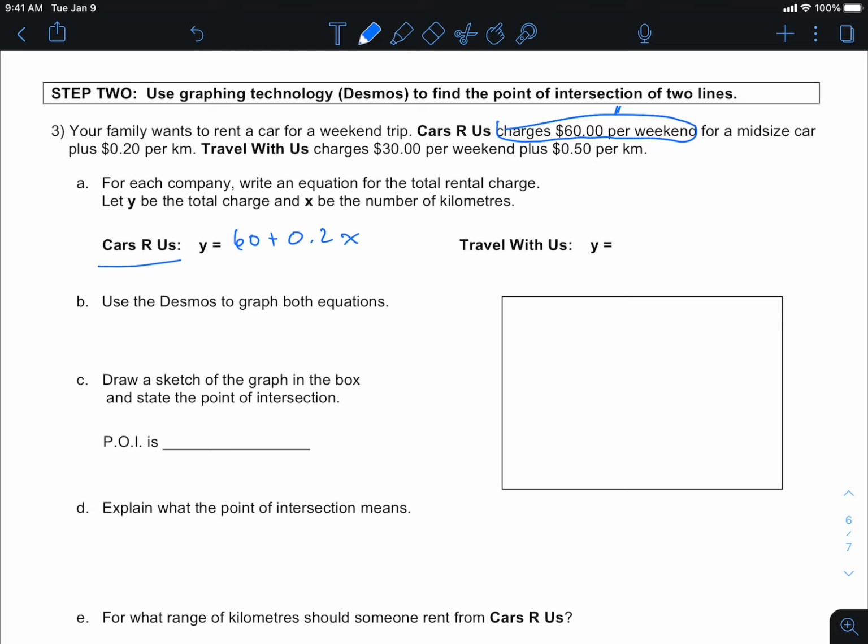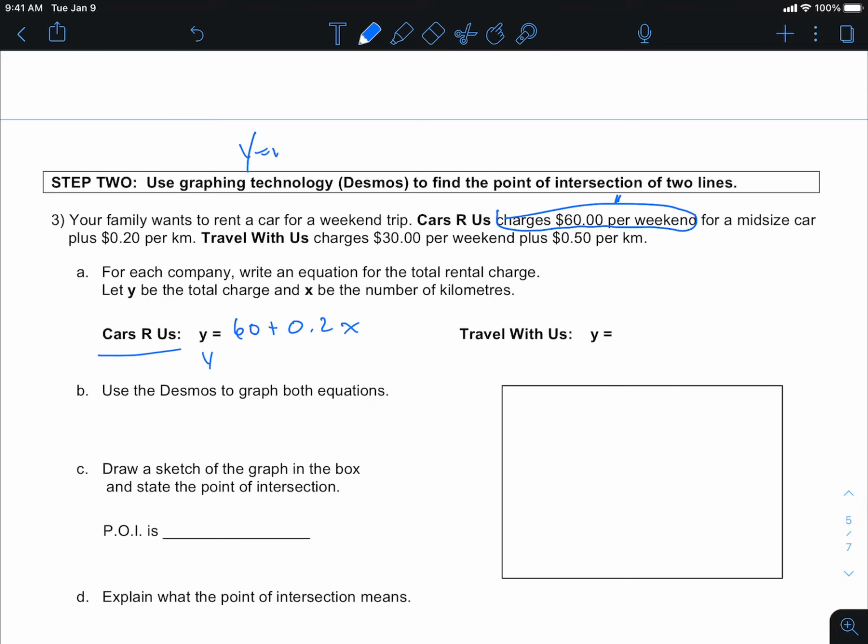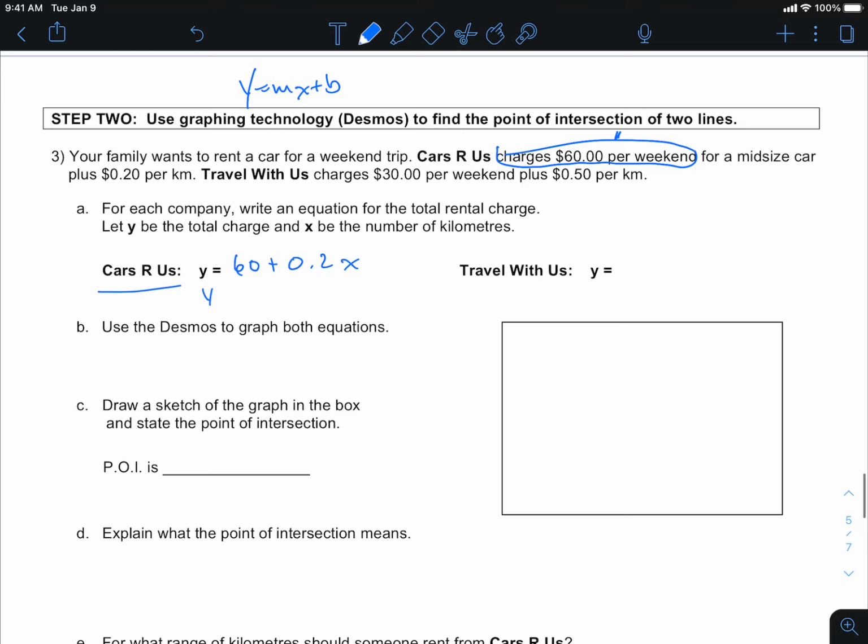You could rearrange that to make it look like y equals mx plus b if you'd like. You could go, okay, y equals 0.2x plus 60. Now it looks like something that you've seen before, just in the proper order. Then you continue reading the question.